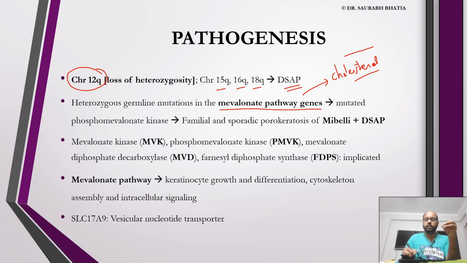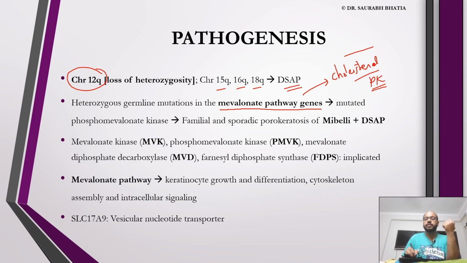When that envelope is not formed, keratinization is not proper and you have parakeratotic cells because the cells are not able to mature properly. You don't have lamellar bodies inside the cells, and because of absent lamellar bodies, all this keratinization problem starts. So mutations in the mevalonate pathway were found in multiple case studies, and now these two areas, that is the loss of heterozygosity in chromosome 12 and mevalonate pathway mutations, have been implicated.